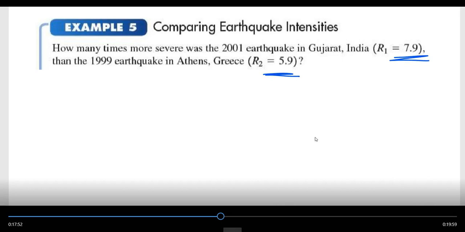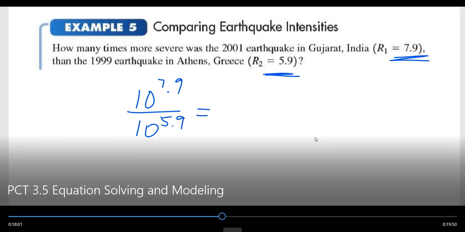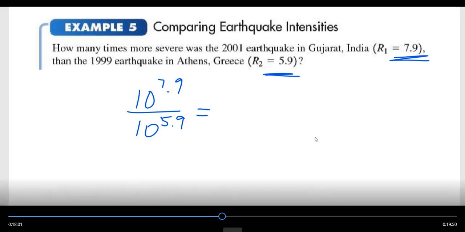So it's like saying 10 to the 7.9 over 10 to the 5.9. Richter scale values are not linear. If you see a temperature change of 2 degrees, none of us thinks that's a big change.